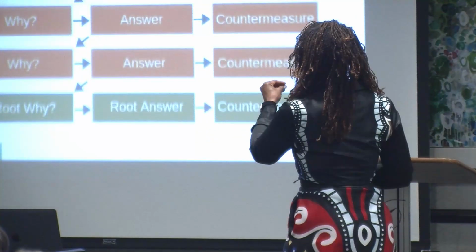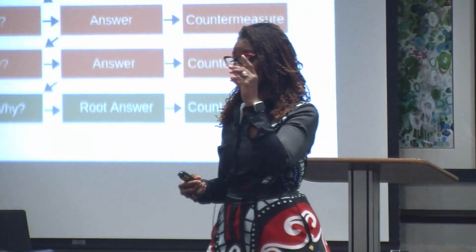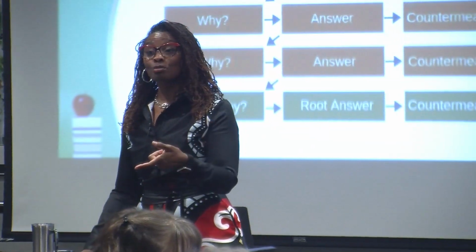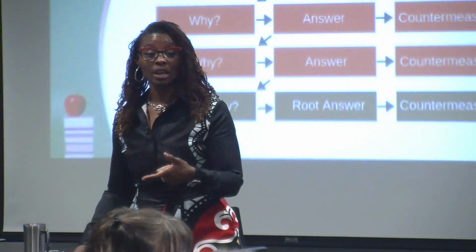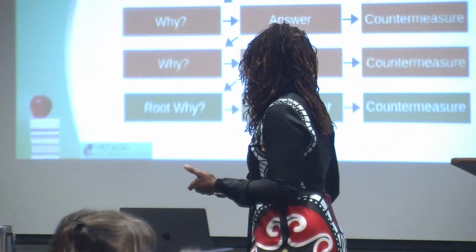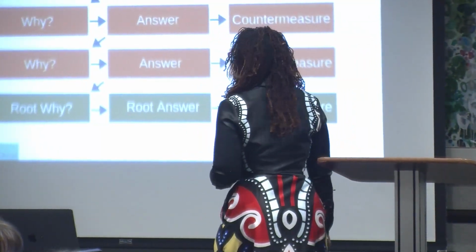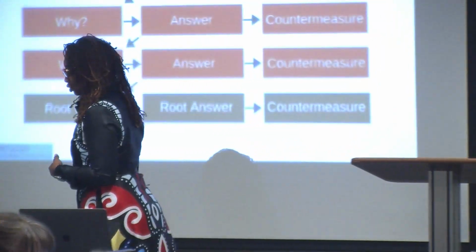So as we wrap up this conversation, I have one more task for you. I want you to think about the countermeasures that you wrote down. And now I want you to either think about or go and find where those countermeasures are on your chart.